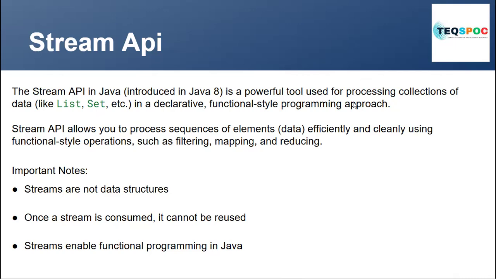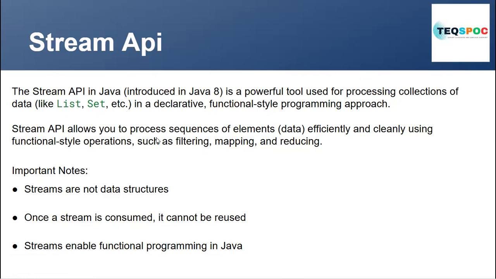A stream of data is also known as a sequence of records. So Stream API allows you to process a sequence of data using functional style operations, such as filtering. There are predefined methods which we use for manipulation of the data stored in a list, set, or queue.